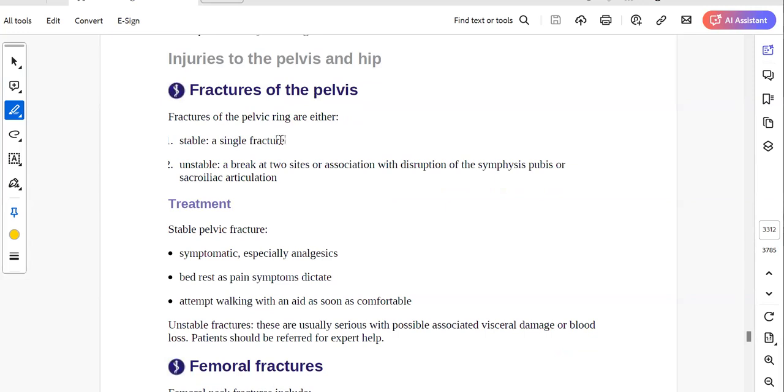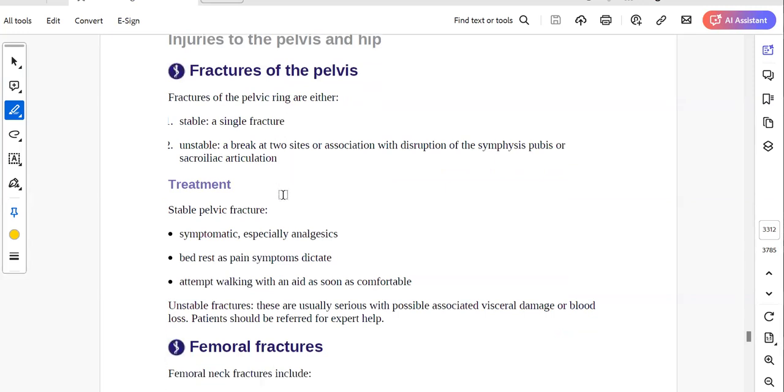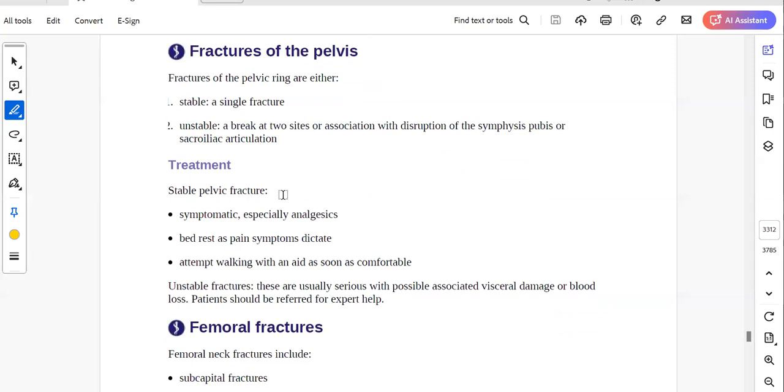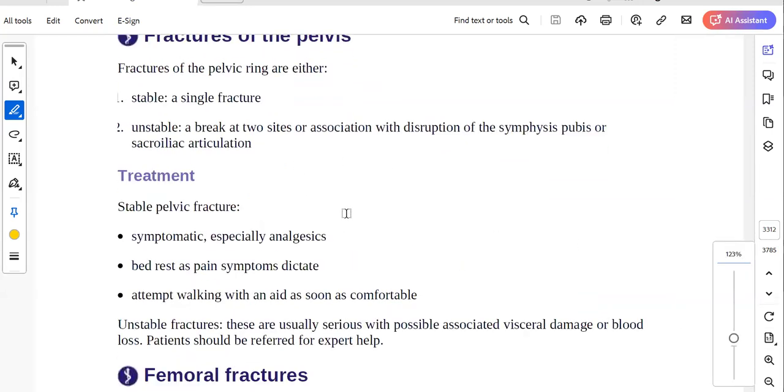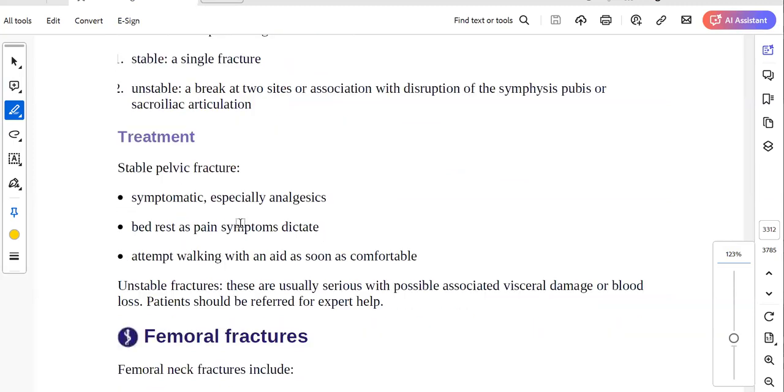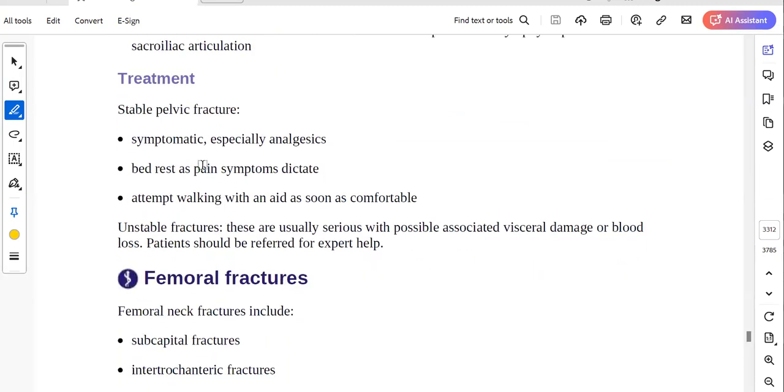So fracture of the pelvis, we had a discussion in our class on how to manage a fractured pelvis. So definitely with a fractured pelvis, you need to consider the possibility of internal injury as well, right? A stable pelvic fracture most of the time doesn't cause any pelvic organ injury, but an unstable fracture can.